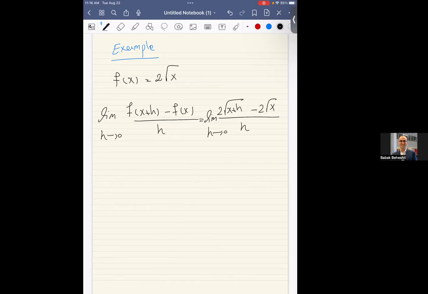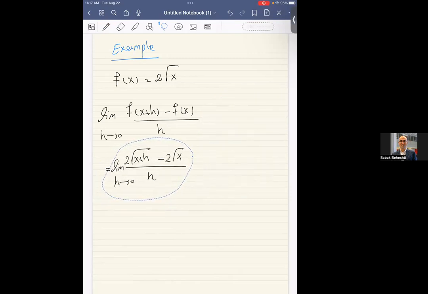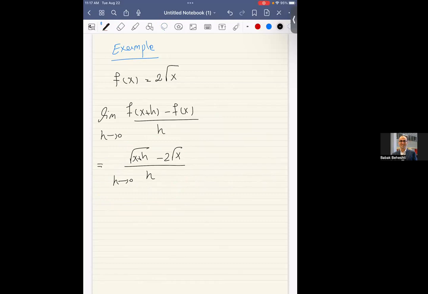as h goes to 0. Now, if you multiply the top and the bottom by the square root of x plus h plus the square root of x, so on the top, and there is also a 2, sorry, yes, there is a 2.